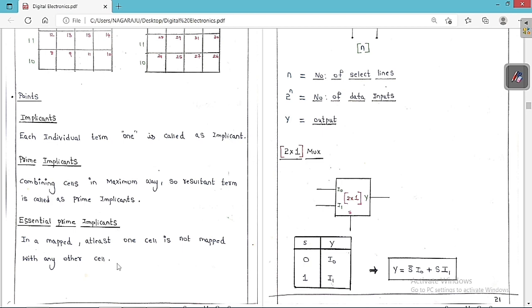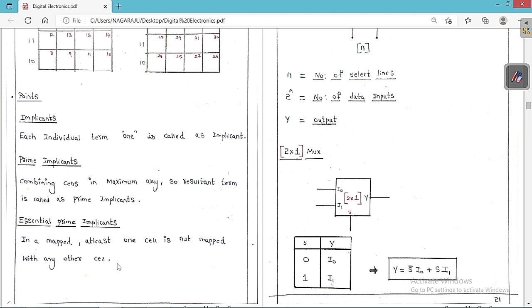Out of this, 3 cells have been covered by other groupings also. But one extra cell is not covered by any other grouping. Then the expression is called the essential prime implicant. So in a map, if at least one cell is not mapped with any other group, we call this the essential prime implicant.